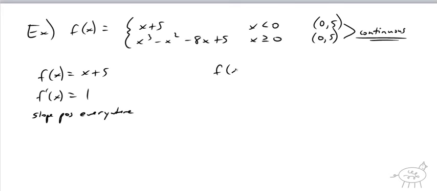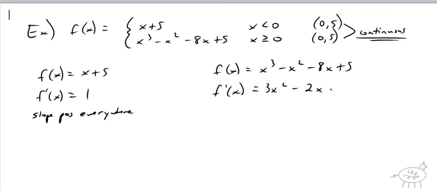Then let's do this one. f of x equals x cubed minus x squared minus 8x plus 5. So the derivative is 3x squared minus 2x minus 8. Of course, I set that equal to 0 and factor that. I get (3x plus 4)(x minus 2) equals 0.